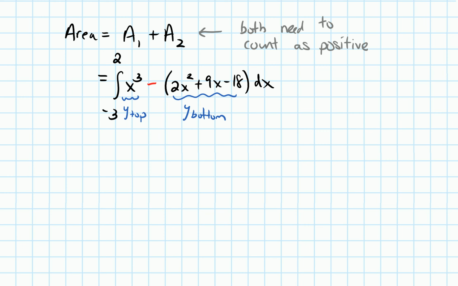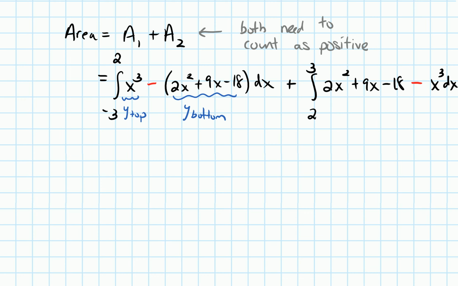Okay, that's for A1. And then A2 is on the interval from 2 to 3. The top function there is the parabola, 2x squared plus 9x minus 18, minus the bottom part, which is the cubic, x to the third. Okay, alrighty.